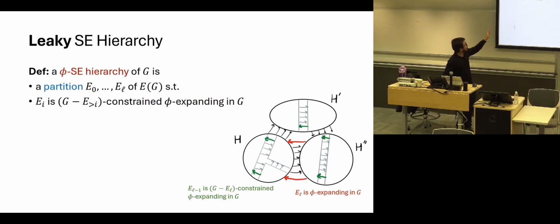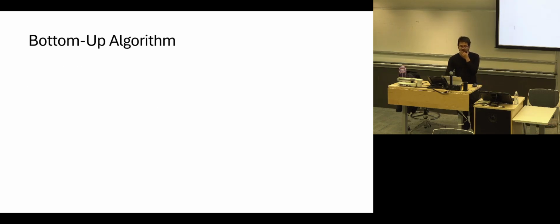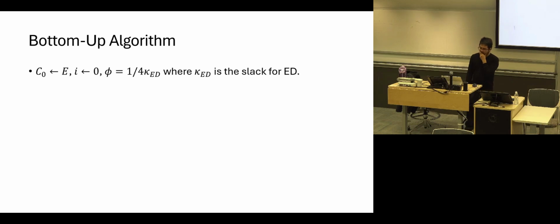Okay, so this is the thing that we want to construct, a leaky expander hierarchy. And here's the algorithm, a really, really simple one. First, I initialize something simple. I let C_0 be all the H set.